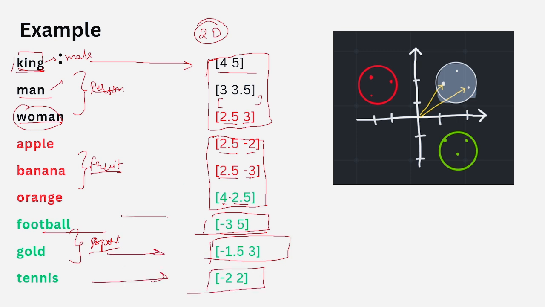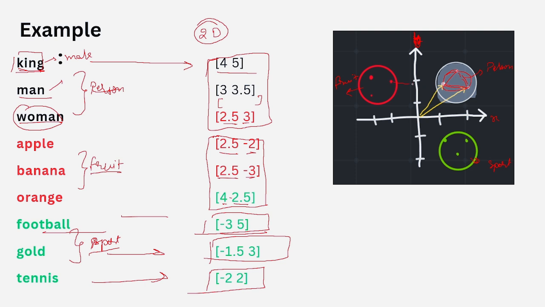If you plot a graph of this, with an x-axis and y-axis, this is the class of person, this is the class of fruit, and this is the class of sports. We can see a close similarity between these points.